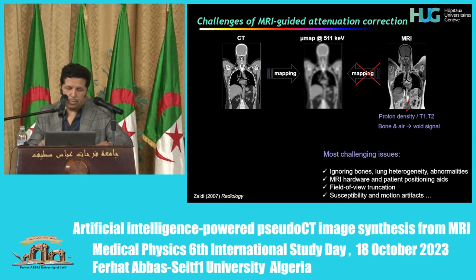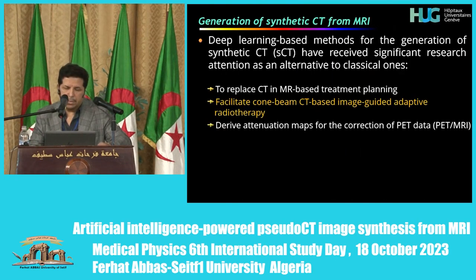The problem gets more complicated for PET-MRI because we usually ignore bony structures, as I'm going to show you in some examples. The MRI hardware makes it very difficult to take this into account, with truncation issues, susceptibility, and other problems like motion and so on.